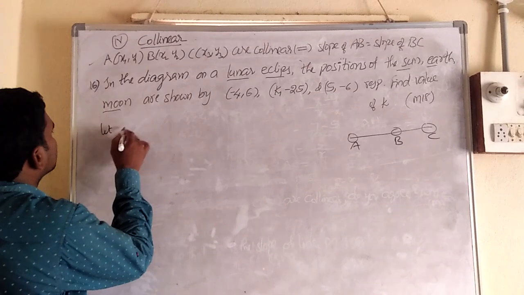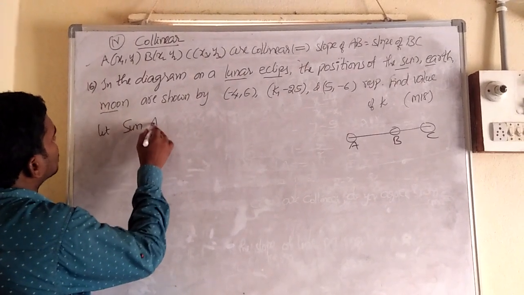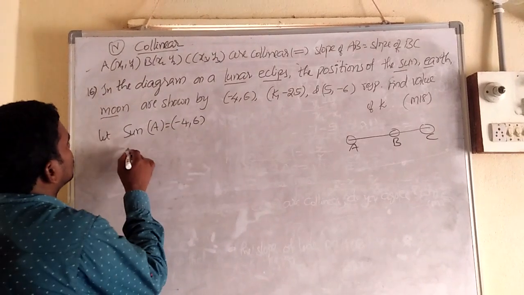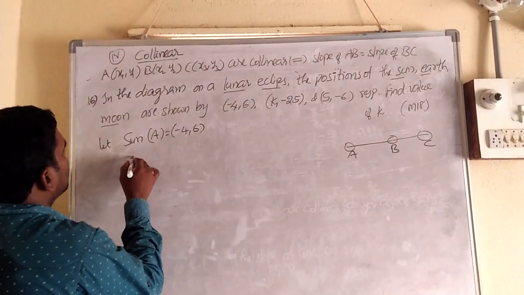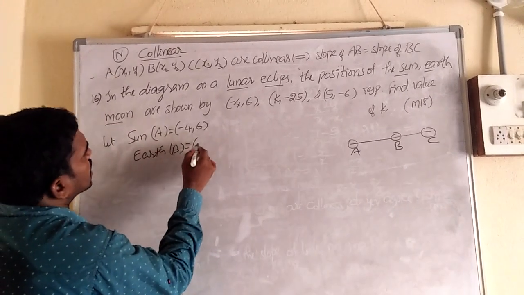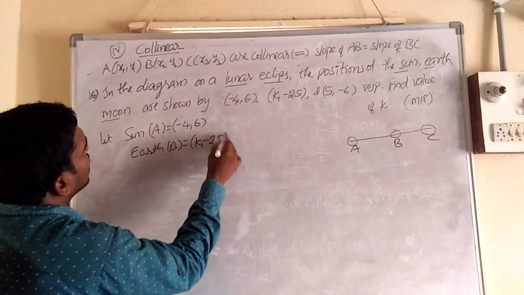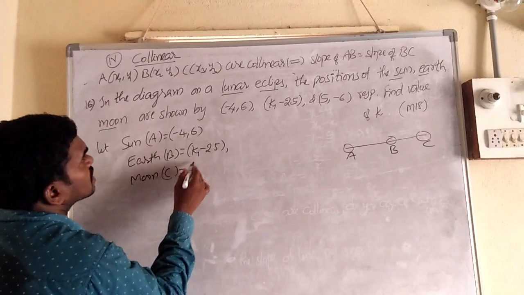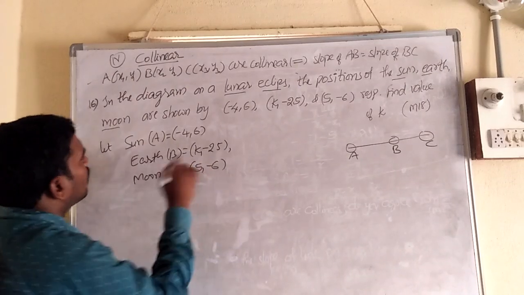So let us take the sun as A, (-4, 6). Earth is taken as B, the next point, (k, -25), and the moon position is taken as C, that is (5, -6).